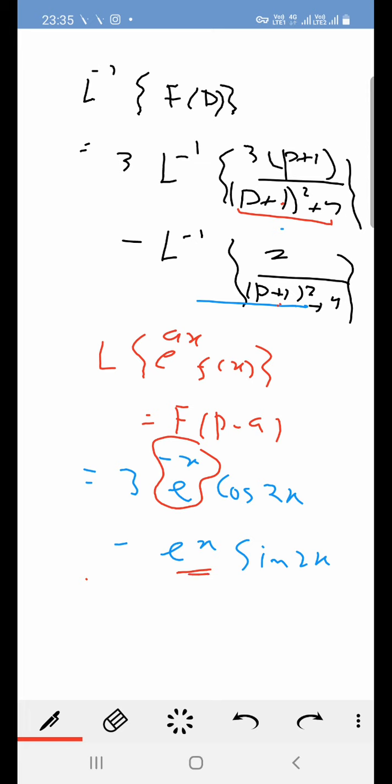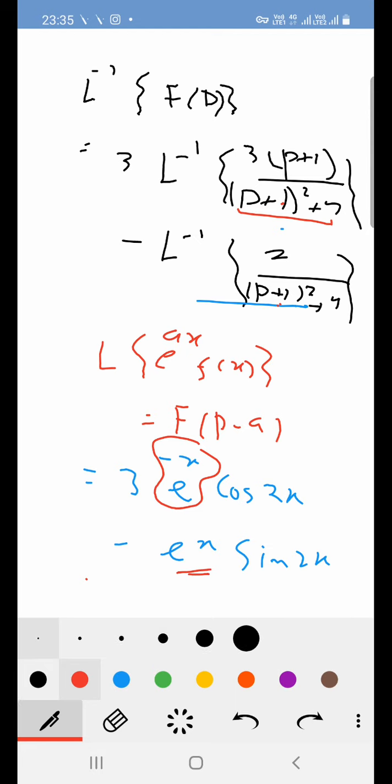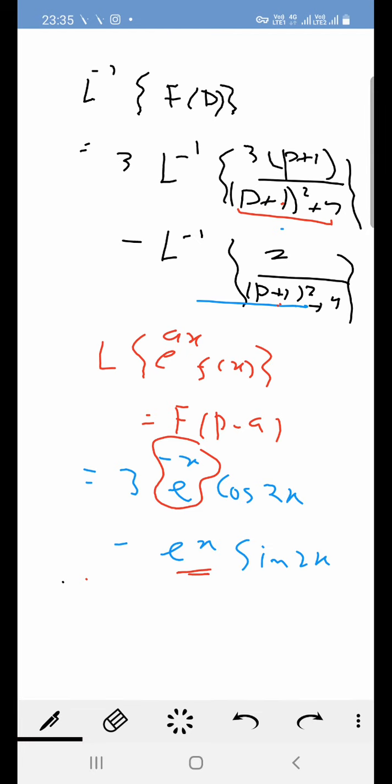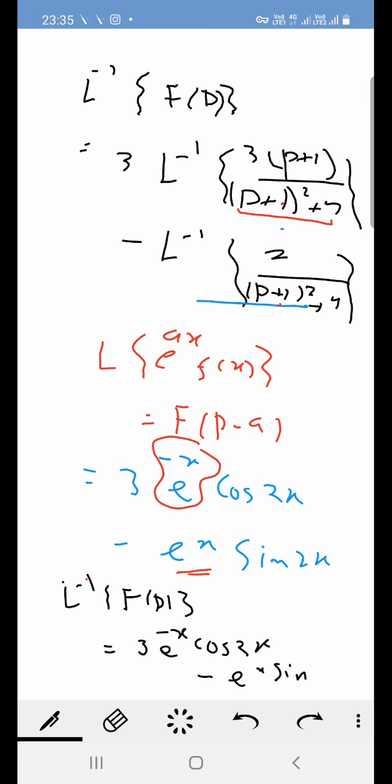So for the cos 2x it gets minus x, for sin 2x it gets plus x. So this is the ultimate solution, that L inverse of F(p) is equal to 3 e to the power minus x cos 2x minus e to the power x sin 2x.